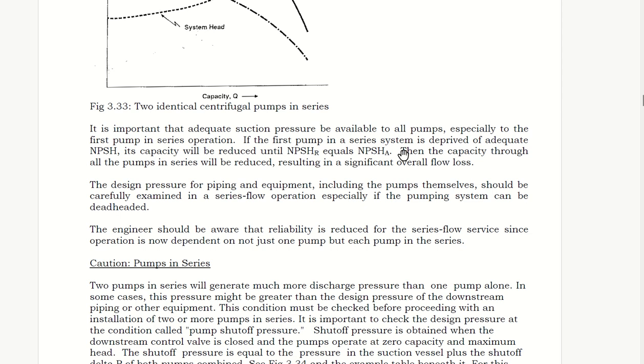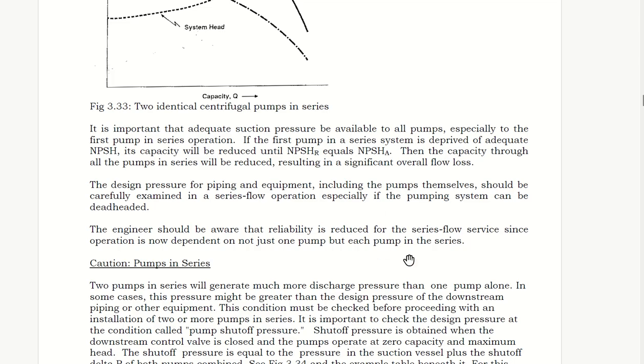So basically, the first pump which is working in series with the second pump, it is quite obvious that you need to give proper, adequate suction pressure. Otherwise, you can have a problem with NPSHA, and you need to have some margin between NPSHA and NPSHR, so that there's no cavitation or problems with the pump suction.